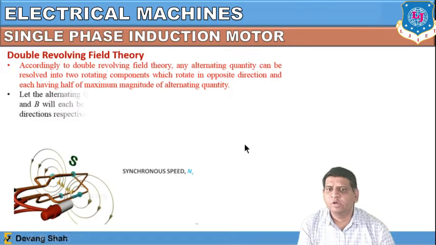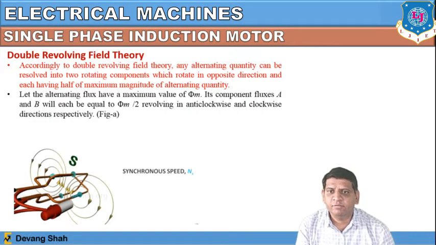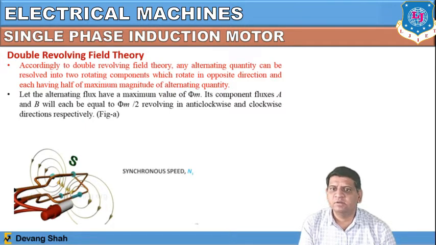So if we talk further, let the alternating flux have a maximum value of phi m, and its component fluxes A and B each be equal to phi m divided by 2, revolving in anti-clockwise and clockwise directions.